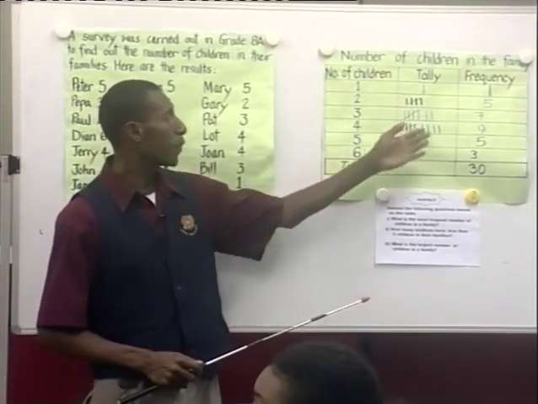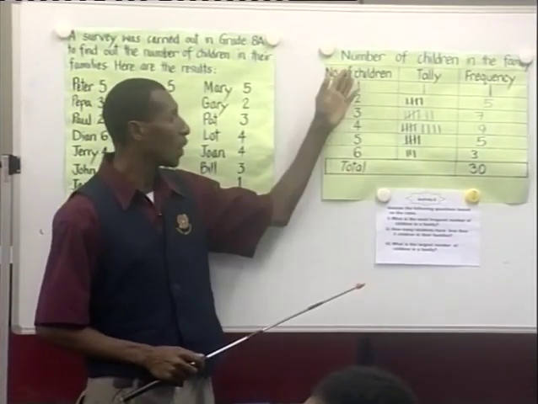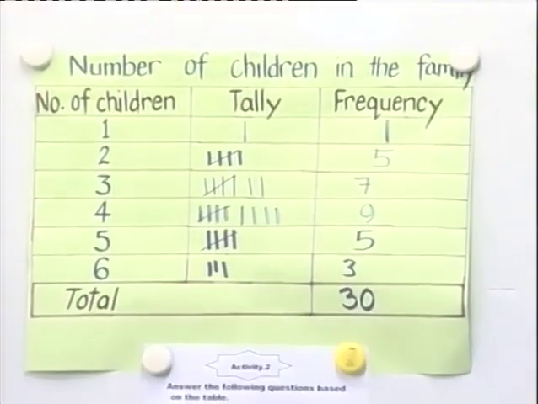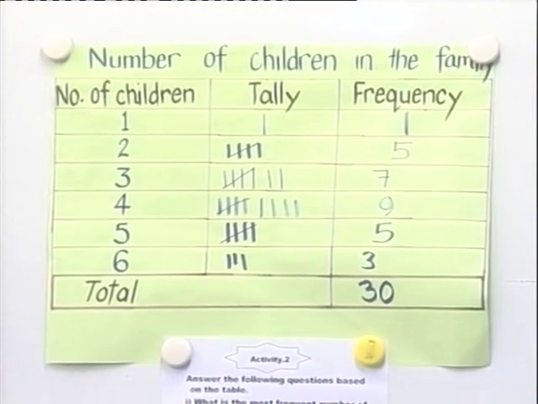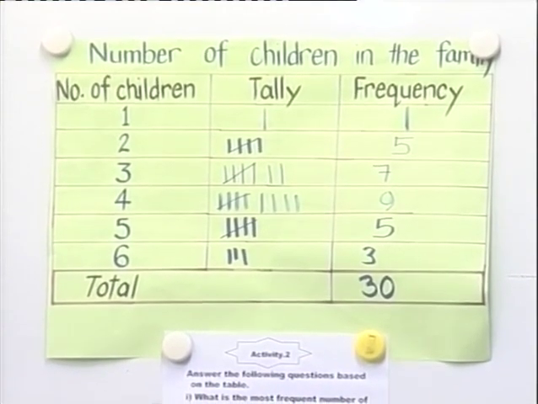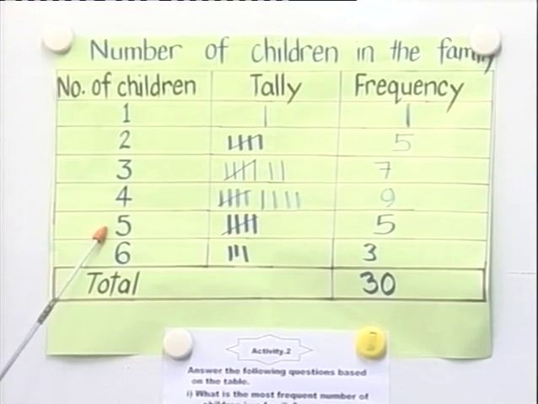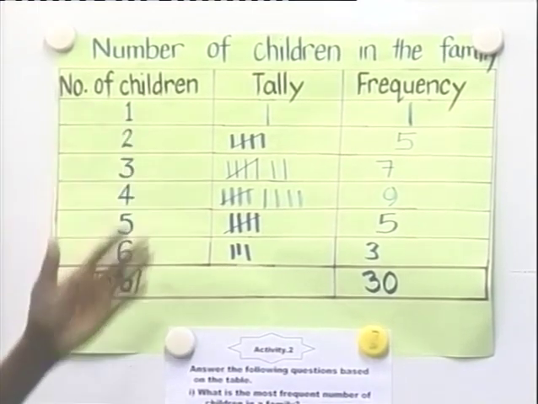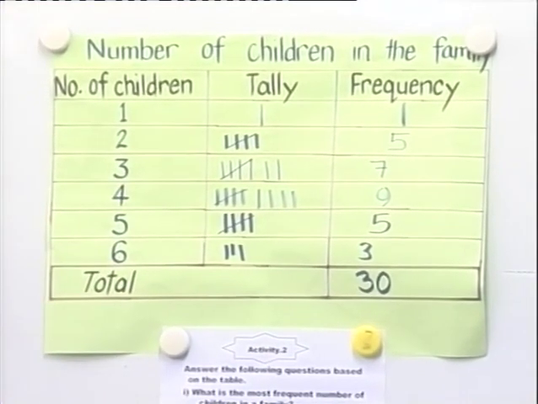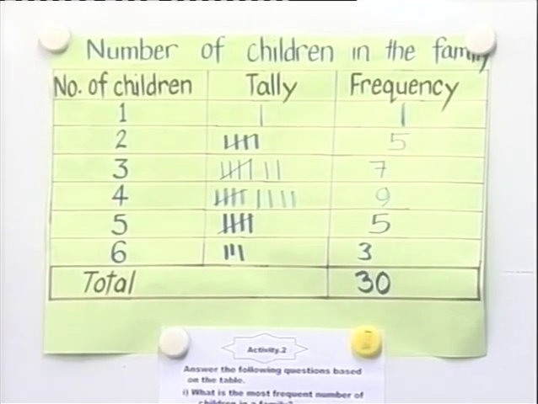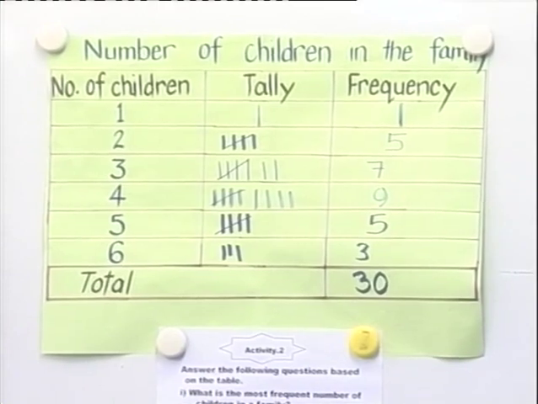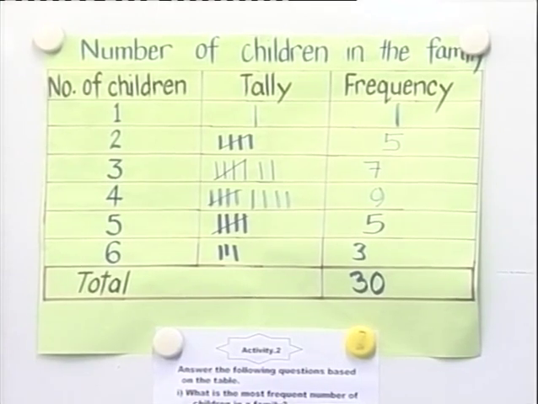Which score has the highest frequency? 4. So, the most frequent number of children in a family is 4. Meaning that many of these students that were interviewed, 4 was the common. So 4 is the answer. Receiving students, I hope you got that answer 4.